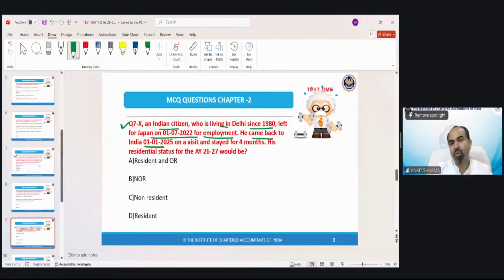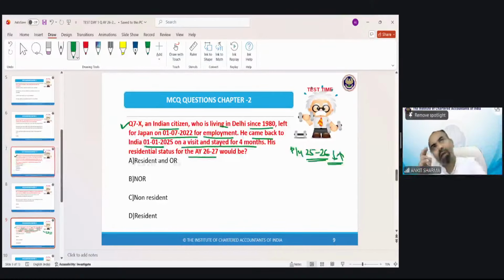So let me tell you, in the previous year 25-26, we need to check when somebody is coming to India or going outside India, that requirement needs to be checked on the basis of the 25-26 scenario. On a visit and stayed for 4 months. His residential status for assessment year 26-27 would be. Now answer this question. Easy question for all of you. Question number 7. What would be the correct answer in this case?